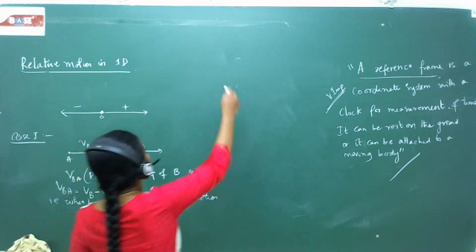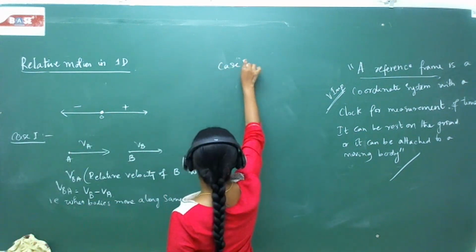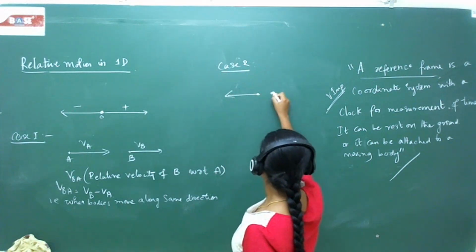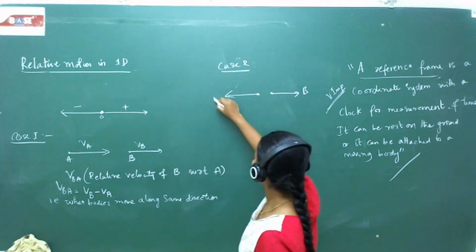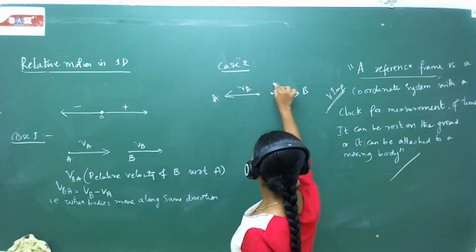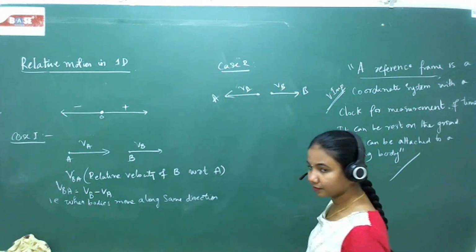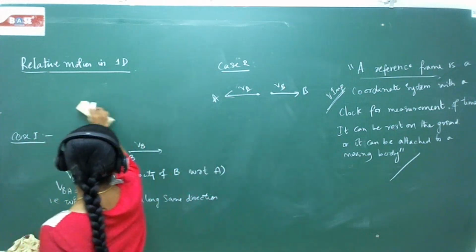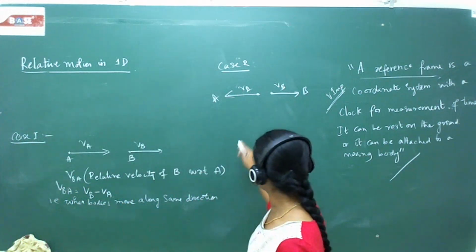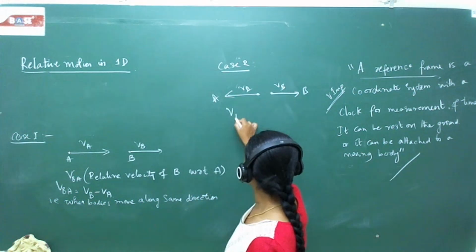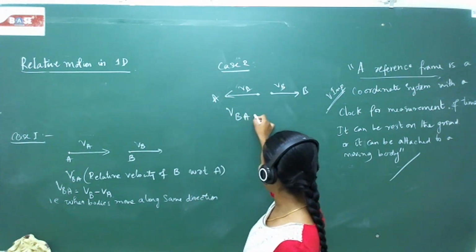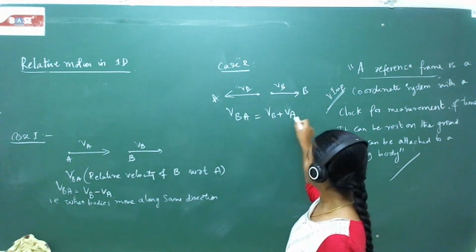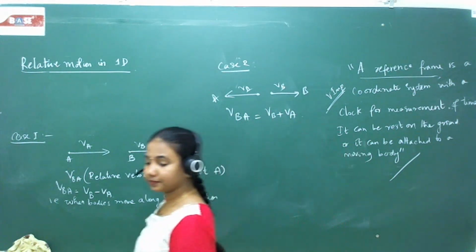Similarly, in case 2, if the bodies move in different directions, you will write the velocity of B with respect to A as nothing but VB plus VA.